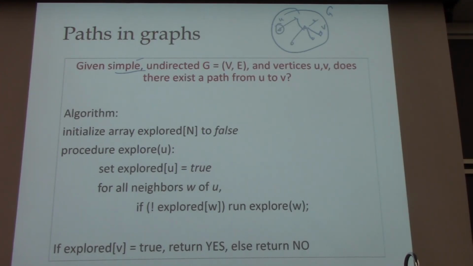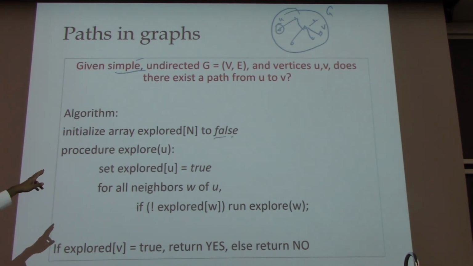And I have this algorithm. Let's parse this for a bit. I hope there are no bugs in this. All I'm saying is you maintain an array, call it explored, and initialize it to false.